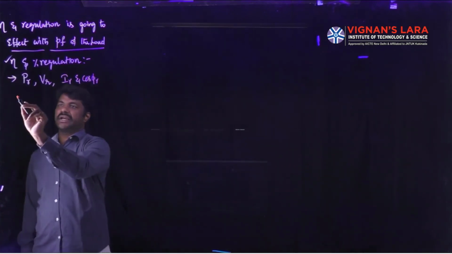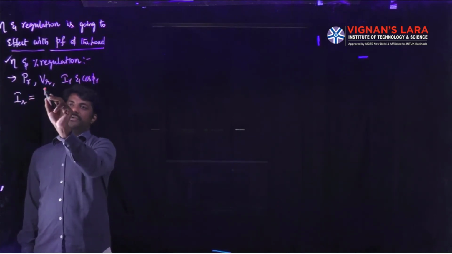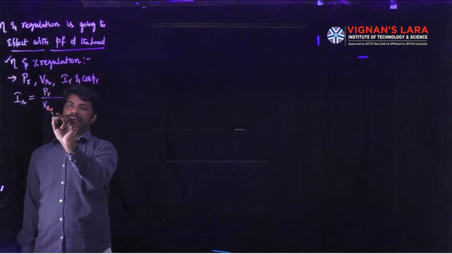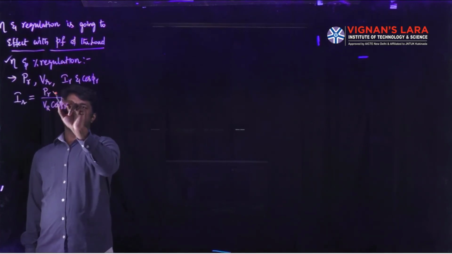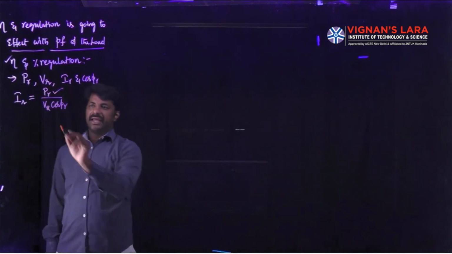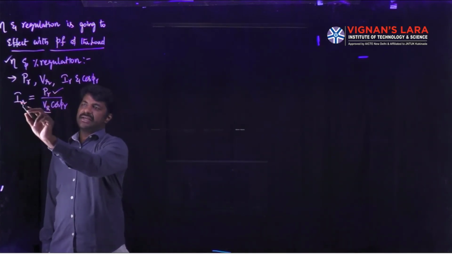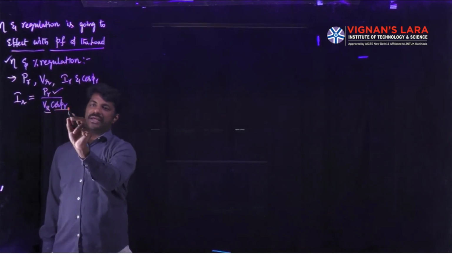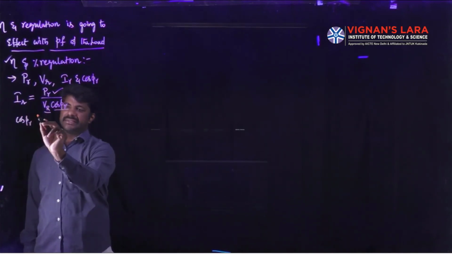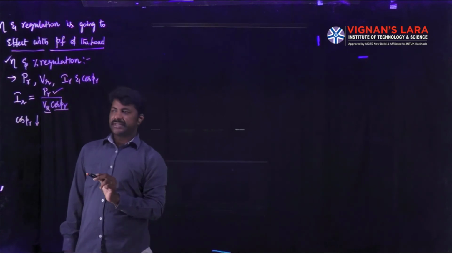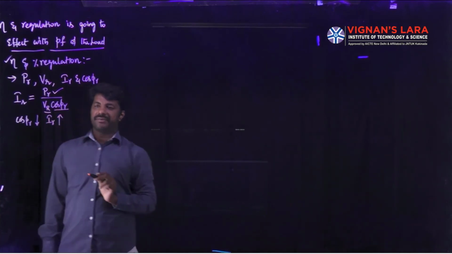So the magnitude of the current in this transmission line on the receiving end side is given by IR equal to PR by VR cos phi R. For a constant amount of power PR at a stiff voltage VR, these two are constants, and the current in the transmission line is inversely proportional to the power factor. If the power factor is decreased, then the magnitude of the current gets increased, being inversely proportional.